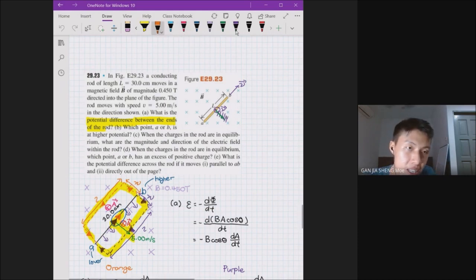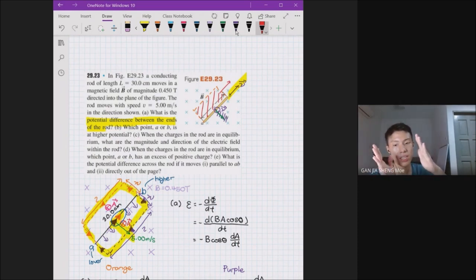The idea is like this. If you continue to choose your imaginary loop to be like this, if you move your rod in this direction, this whole imaginary loop over here will be brought along in the same direction. So the whole area of the loop here is still experiencing the magnetic field even though you're moving like this.